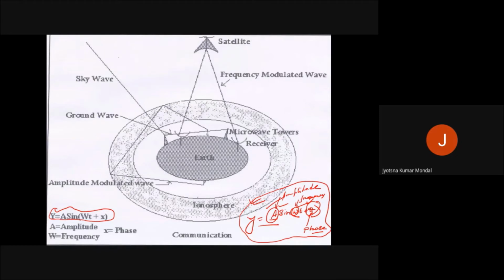Because when I am talking about the amplitude modulated wave, we have an ionosphere. I am not going into details of that. These stories are very interesting. Jagadish Bose made a major contribution to this elementary research.